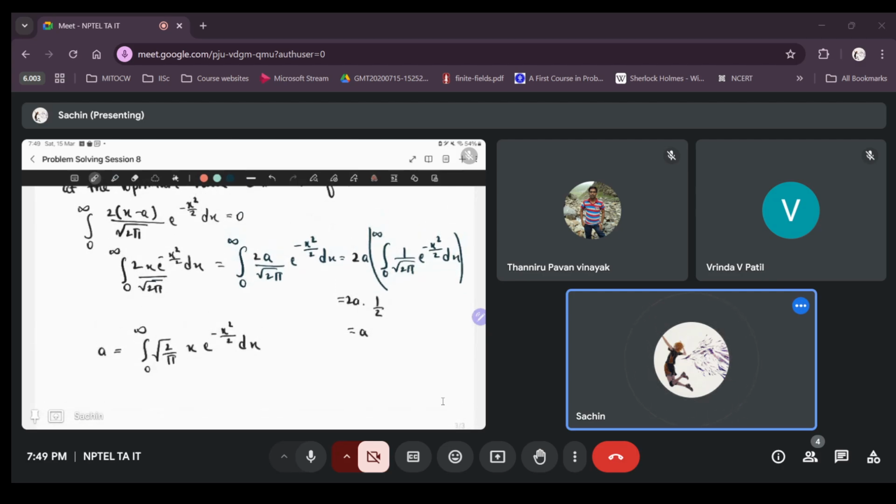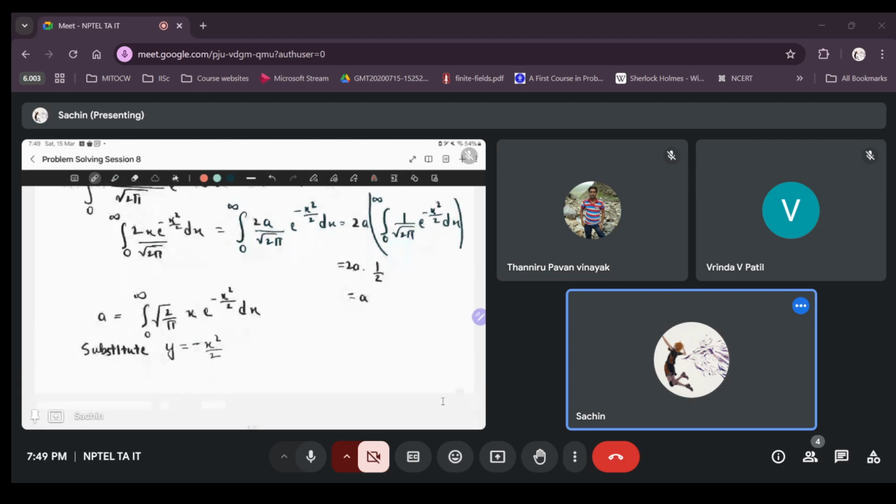Now we can do a substitution. y is minus x square over 2.